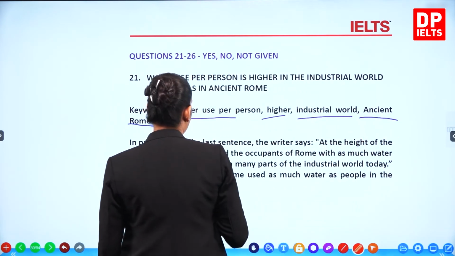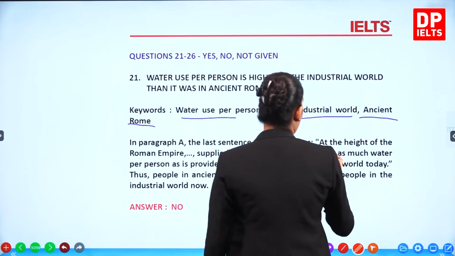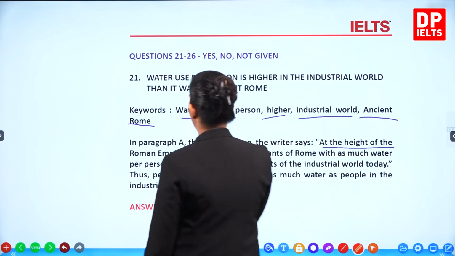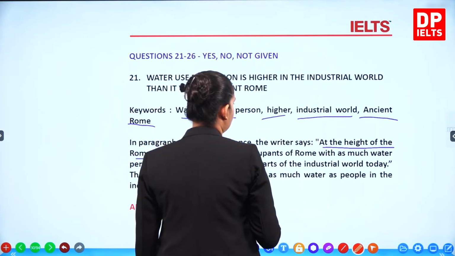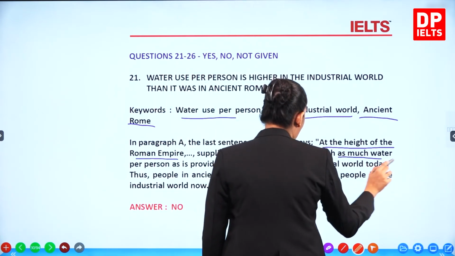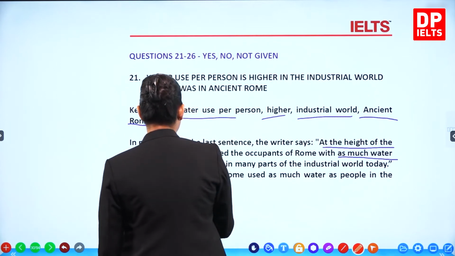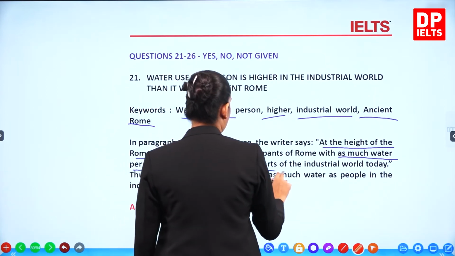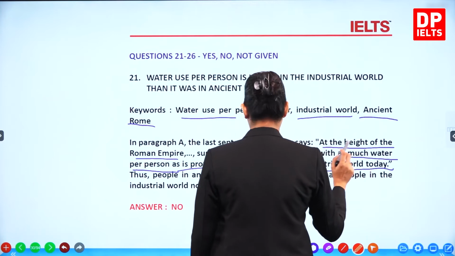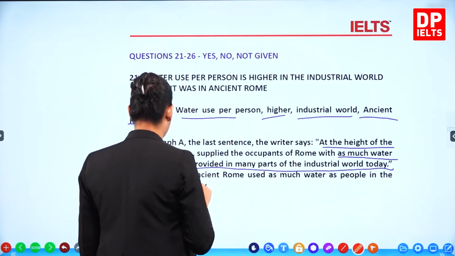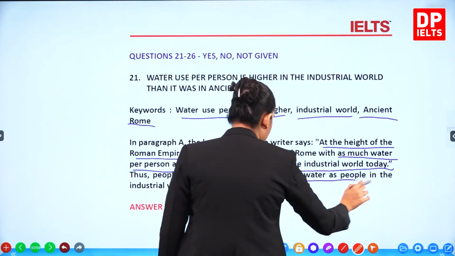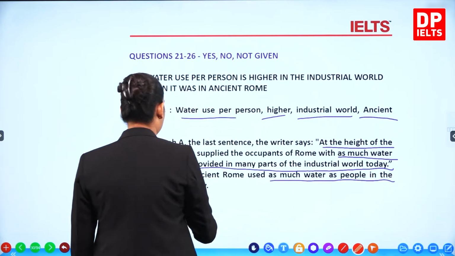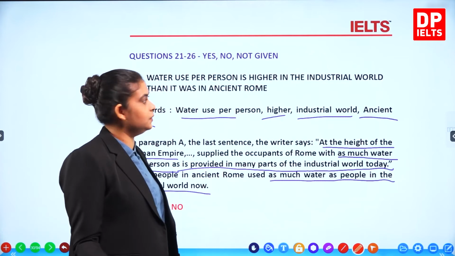In paragraph A, the last sentence says that at the height of the Roman Empire, the system supplied the occupants of Rome with as much water per person as is provided in many parts of the industrial world today. Thus, people in ancient Rome used as much water as the people of the industrial world now. That is what it means.